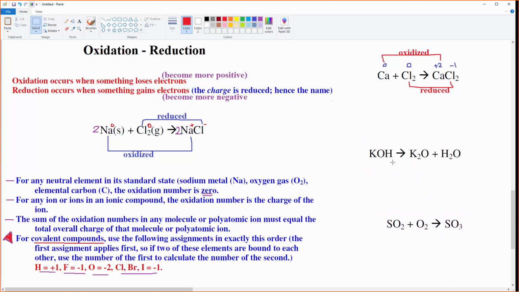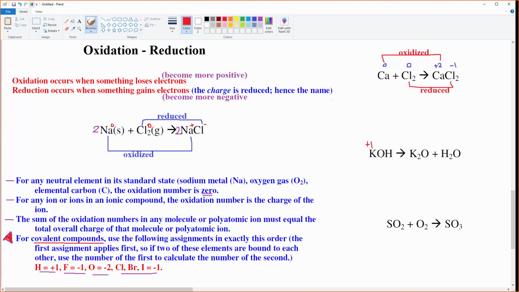Potassium hydroxide goes to form potassium oxide plus water. So we're going to assign oxidation numbers to each of these. So let's do the KOH. Yep, ionic compound. Potassium's a group 1 metal, so it's got to be +1.